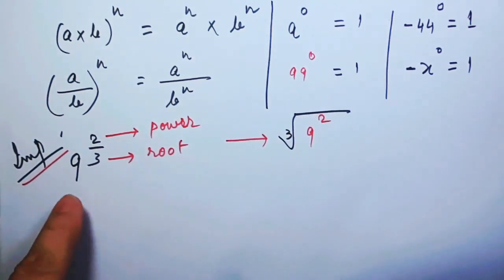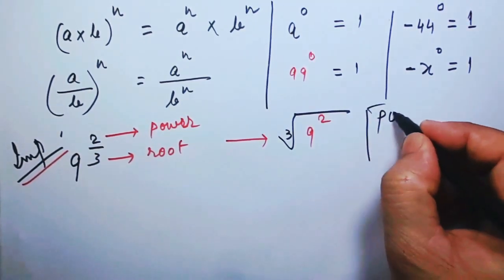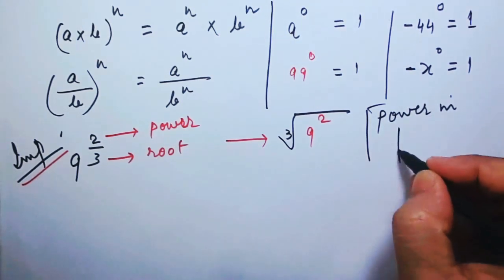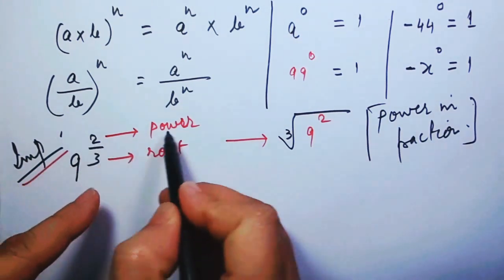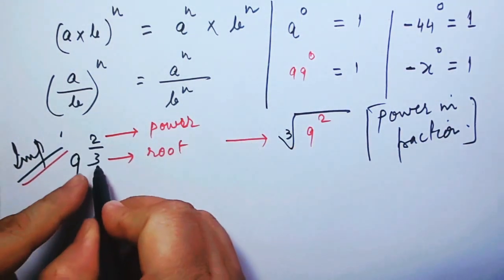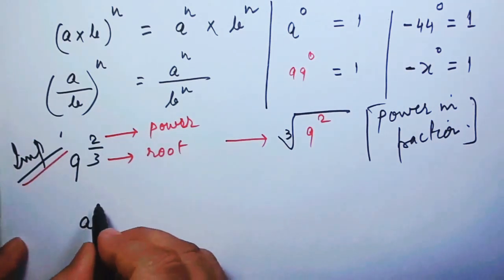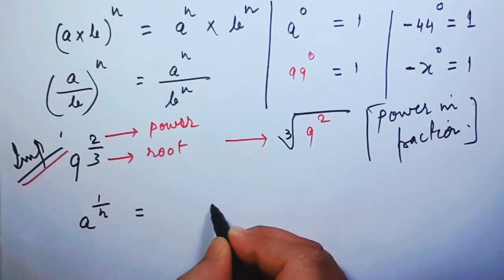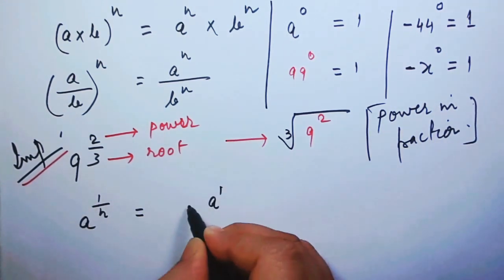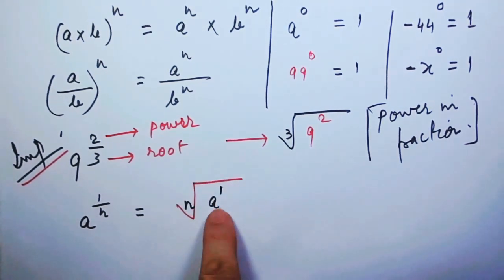Whenever you have a power in fraction, the numerator becomes its power and the denominator becomes its root. Therefore a to the power 1 by n means a to the power 1 and nth root.